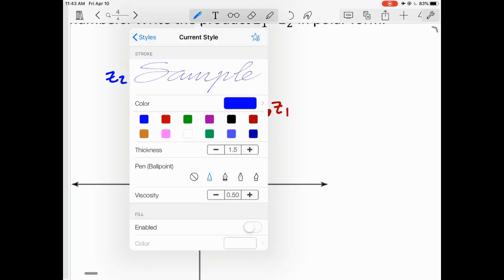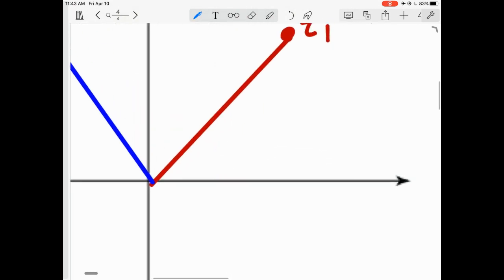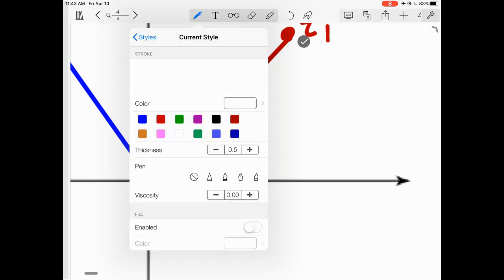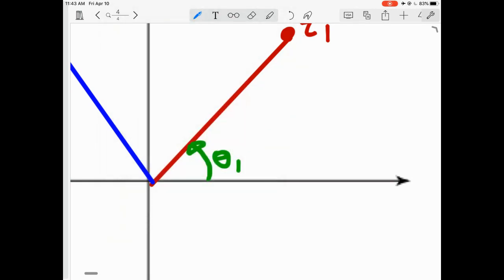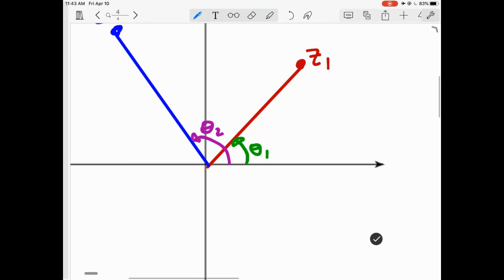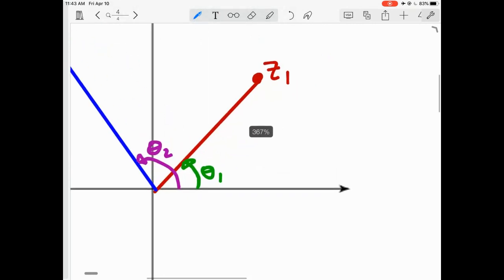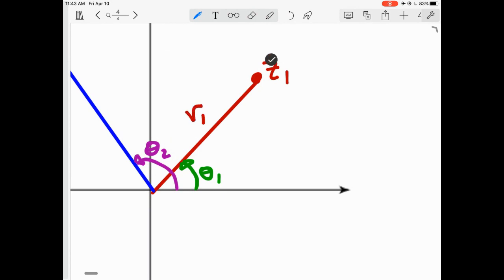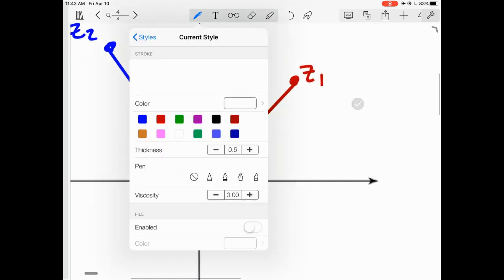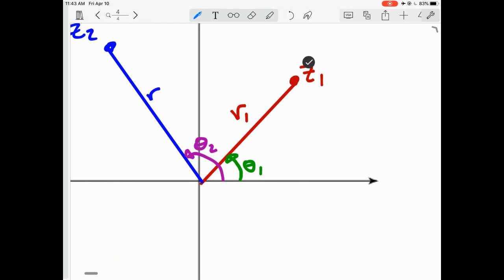All right, and we have some angle measures too. To get to z1, we'll call that theta 1. And to get to z2, that's theta 2. And both of them have their own radial measures. This is r1, and this is r2.